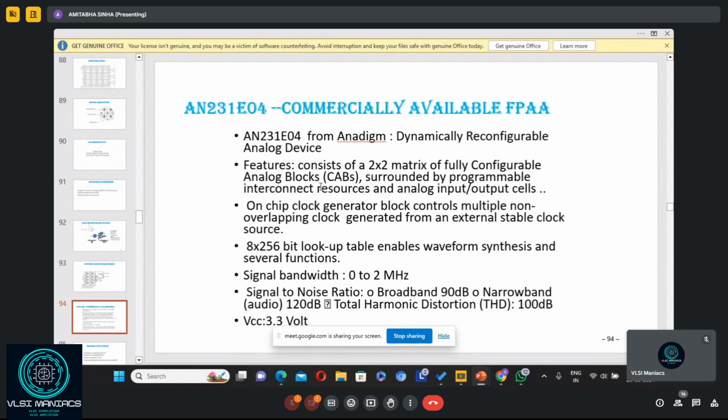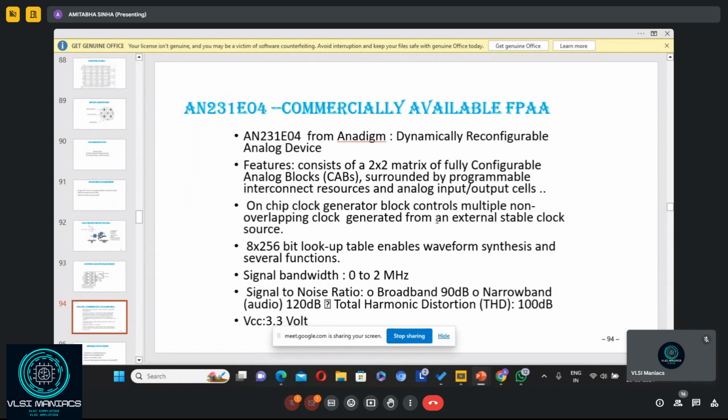So the features: I should not say 2 by 2, because now you will find 4 by 4, 8 by 8. So an n by n matrix of fully configurable analog blocks surrounded by programmable interconnect resources and analog input-output cells.